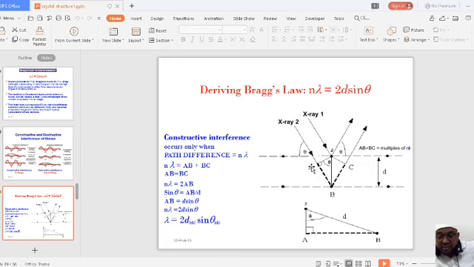The X-ray 2 has traveled more distance when compared to the X-ray 1. So what is that important distance? That is called AB and BC. This AB and BC is the extra path traveled by the X-ray.